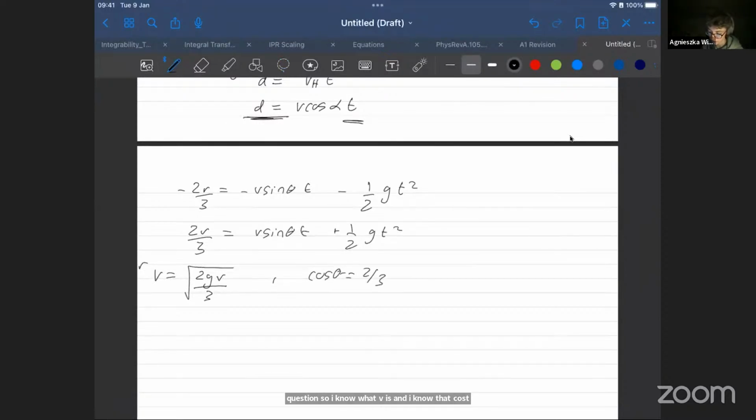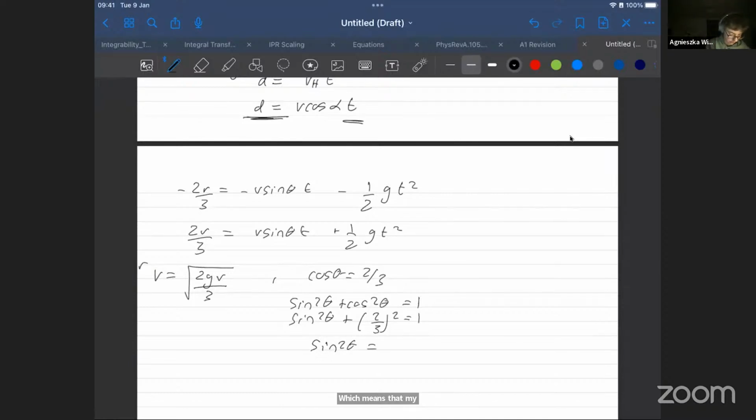But I know that sine squared theta plus cos squared theta is equal to 1, which means that sine squared theta plus 2/3 squared is equal to 1. Now I actually need my calculator, which means that sine squared theta is equal to 1 minus 2/3 squared, so 5/9. So I get sine theta is equal to root 5 over 3.